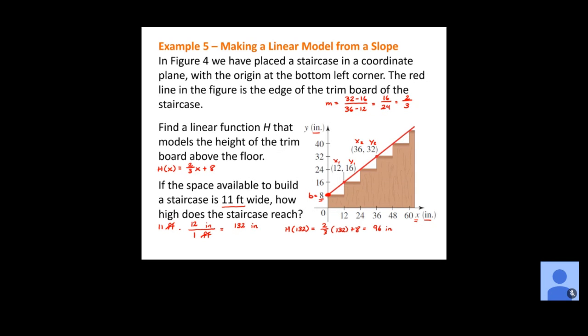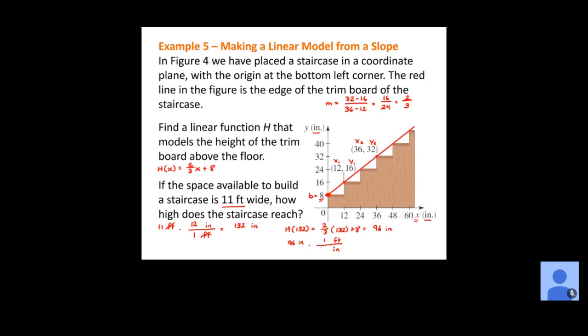Now that answer is perfectly fine, but if for some reason you wanted to take this back into feet, since the original units were feet, right, 11 feet was given, we could convert this inches back into feet now. So I can take 96 inches. Again, I'm going to multiply. This time I want to cancel out inches, so I'm going to put those on the bottom. I want to end up with feet, so I'm going to put that on top.